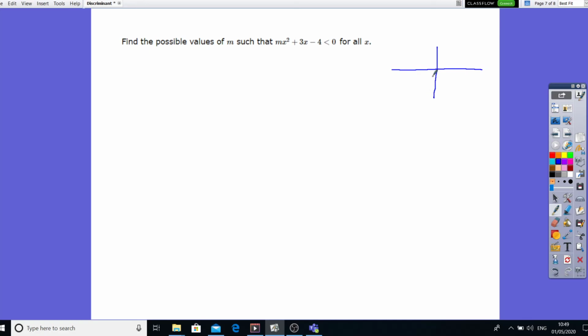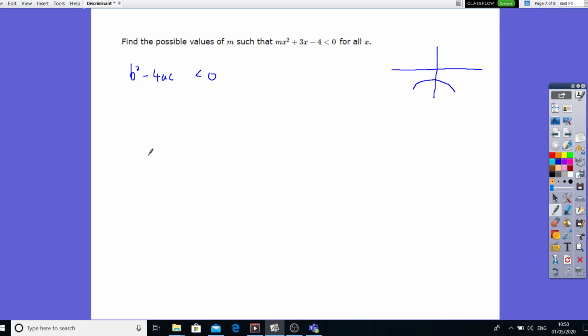So the discriminant is going to give us no solutions here, so there's going to be no roots, because we want the graph to stay well below 0, so it's not going to hit that line. So basically we want the discriminant b squared minus 4ac to be less than 0. That's what we want, no real roots.